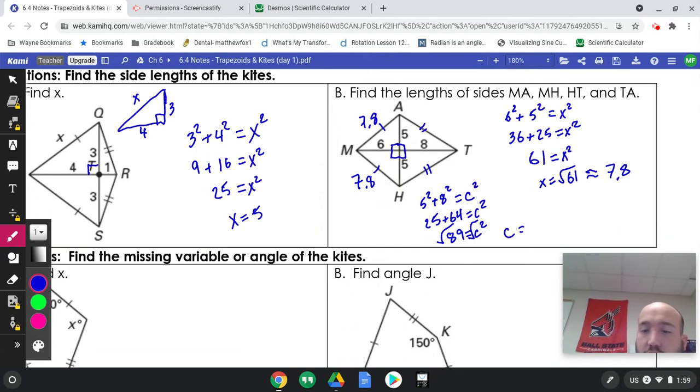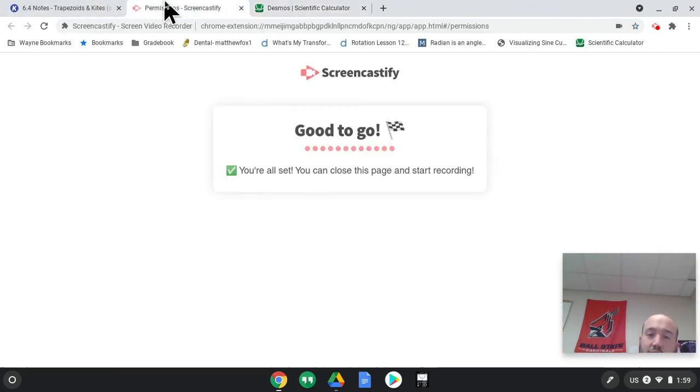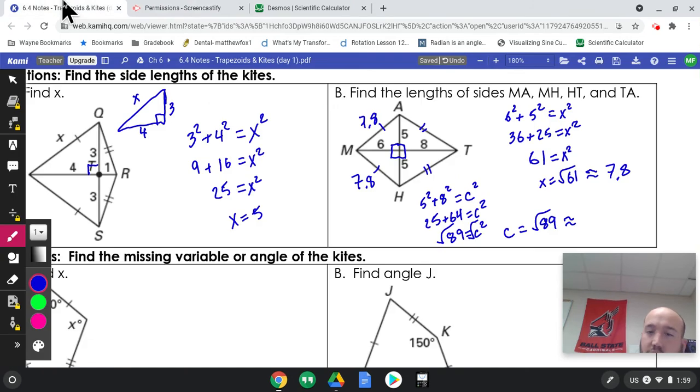So c equals the square root of 89, which is, if we go back here, the square root of 89, and we get 9.4. Oops, wrong one. So 9.4. And that would be the length for both of these.